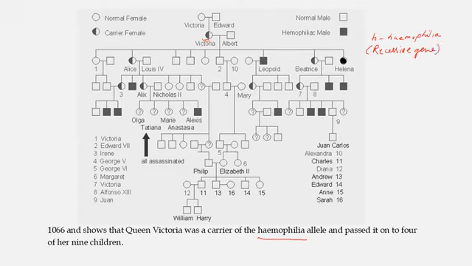Okay, so now suppose a female is hemophilic. So female, we know the female genotype is what? XX. This hemophilia is also related to, or it is, an X-linked gene. Okay, that also you have to know, that this is an X-linked gene. That means the hemophilia gene is present in the X chromosome. So it is X-linked.